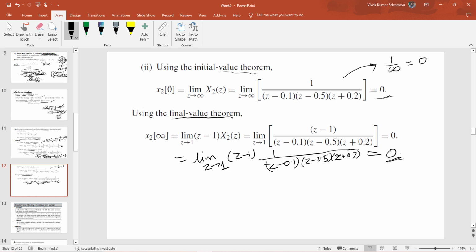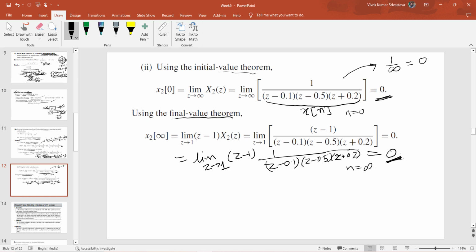You can use the inverse approach as well. You can first determine the inverse z transform so as to find out the x of n by using this, and then by putting n equal to 0 and n equal to infinity, you will see that you get the same result.